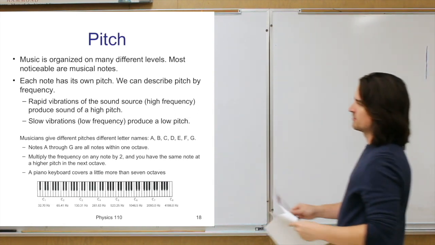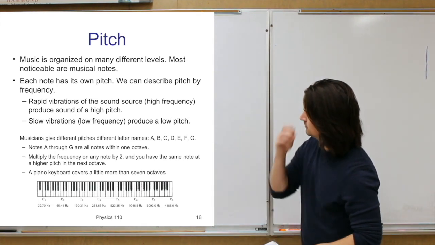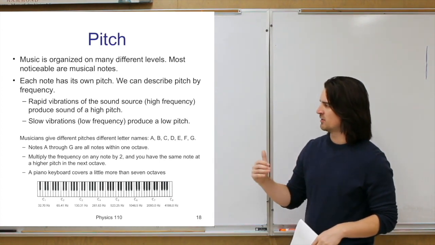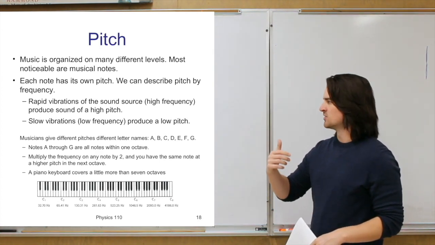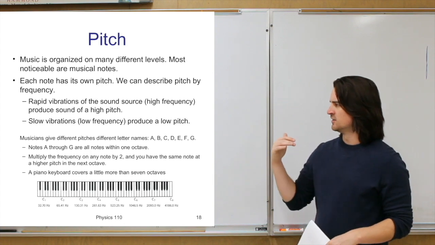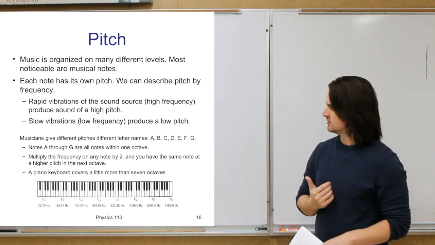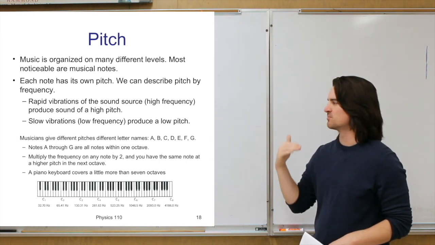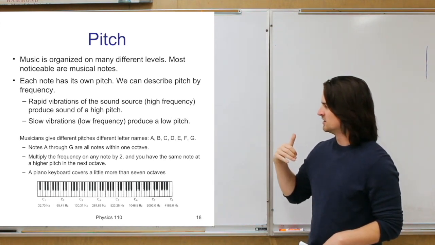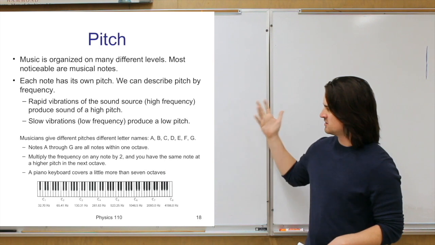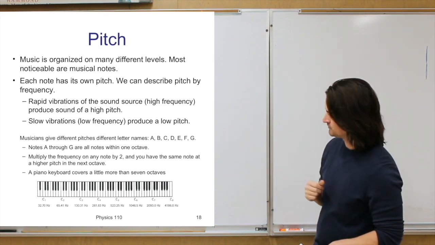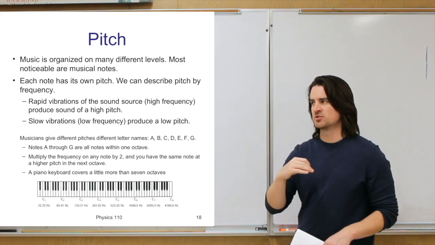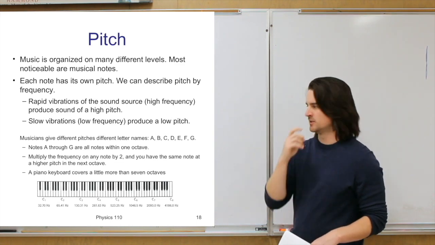So first off, talking about pitch. The simplest examples of differences in pitch are the differences between the base musical notes. Usually we talk about the sounds that make up music as broken down into these notes, A, B, C, D, E, F, G, and each of those notes has a certain frequency attributed to it.